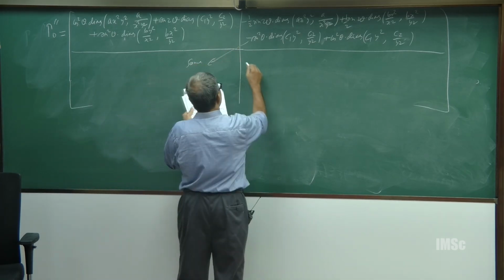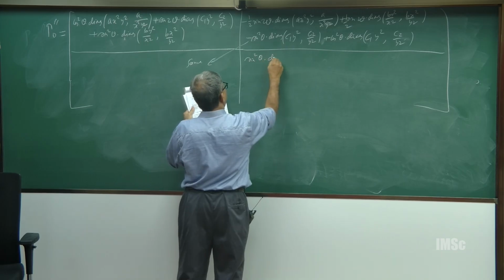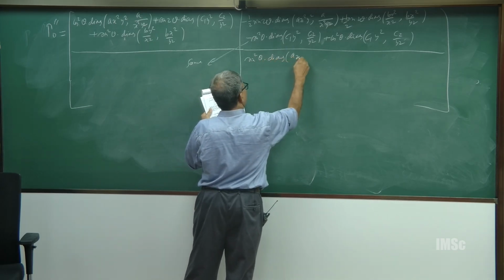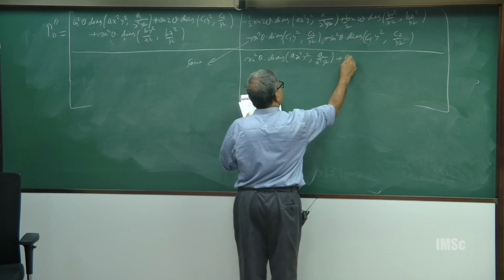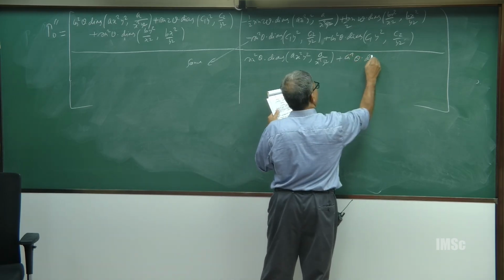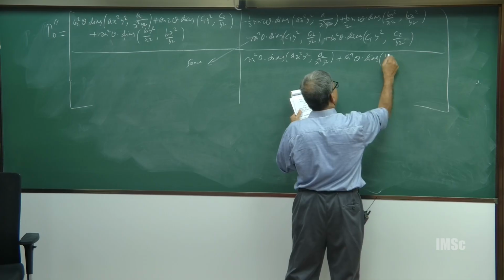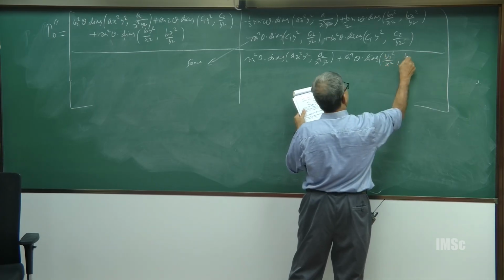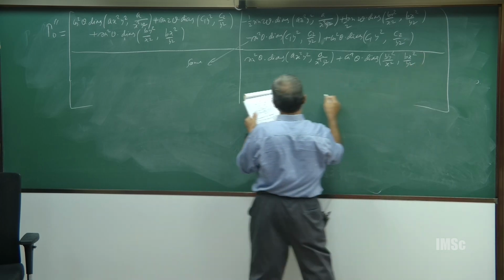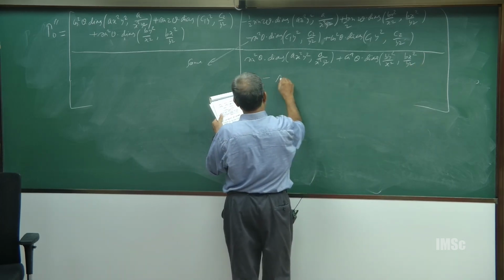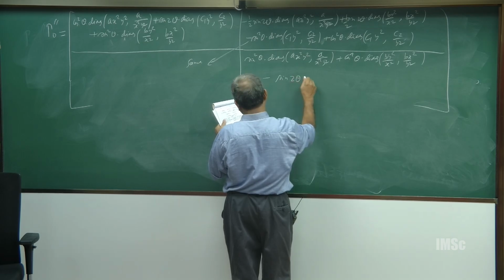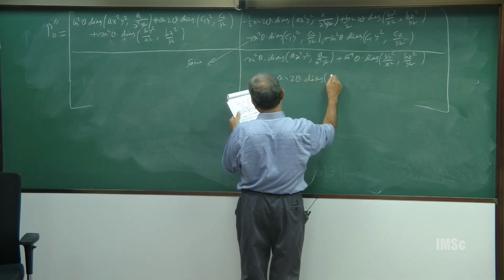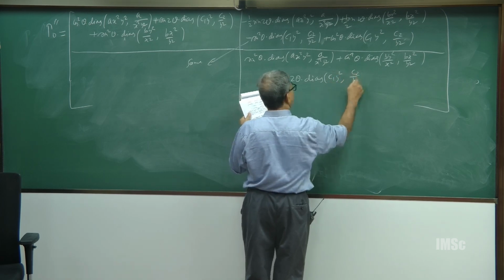And this one will be sin square theta into diagonal a x square y square a by x square y square plus cos square theta into diagonal of b y square by x square b x square by y square minus sin 2 theta diagonal of c 1 y square c 2 by y square.